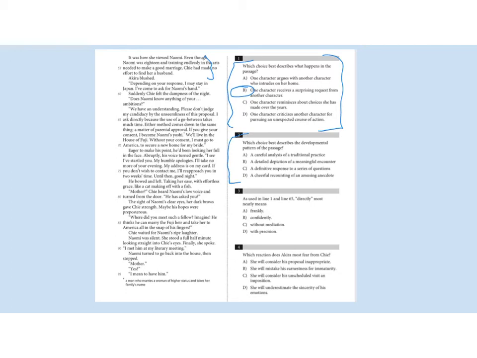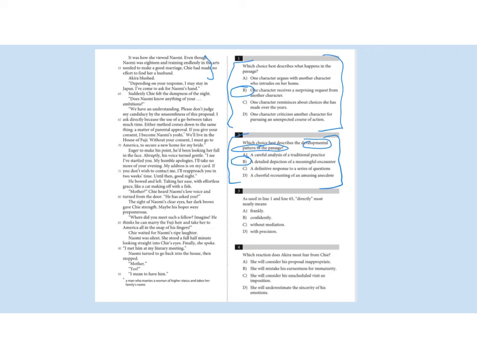Question number 2 is asking us about the developmental pattern of the passage. In other words, what we're doing here is we're taking a look at how an author uses language to develop his or her point or situation. What is the development here? Out of your choices here, I'm really hoping that you have chosen letter B. It's a detailed depiction of a very meaningful encounter.